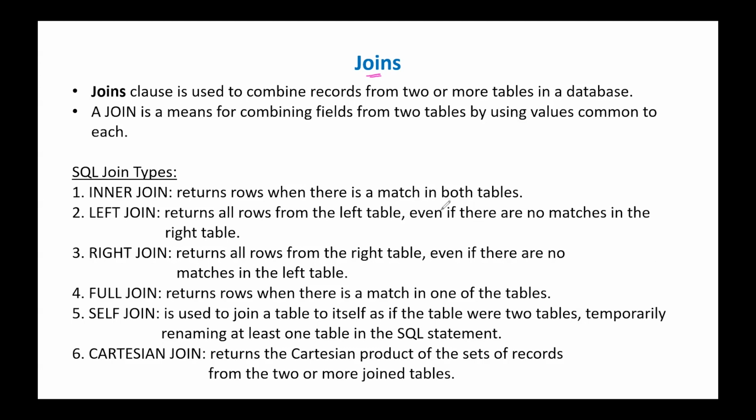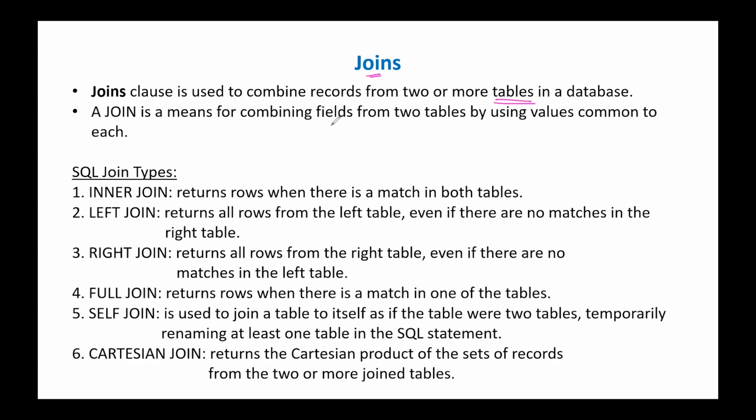The join clause is used to combine records from two or more tables in a database. Just like the name says, join means joining something. So here we combine two tables, and on the basis of a certain condition, we retrieve the required tuples.